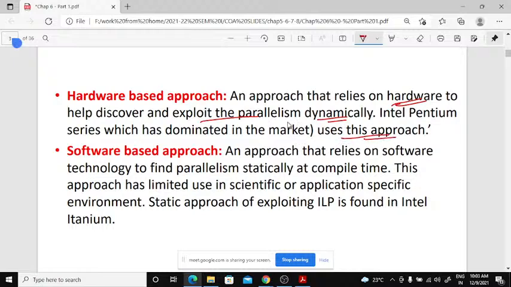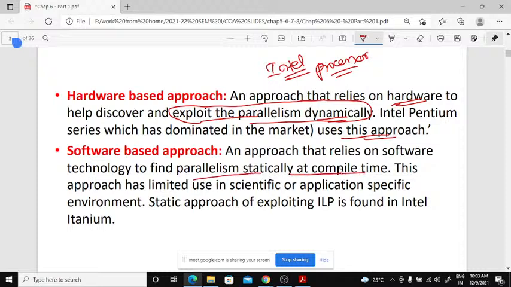The software based approach relies on software technology to find the parallelism statically at compile time, and it has limited use in scientific or application specific environments.